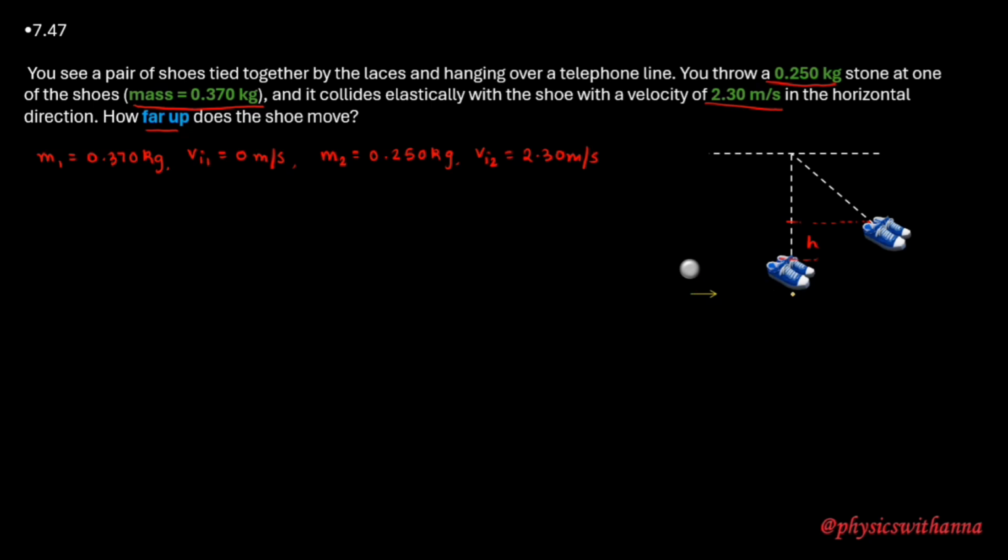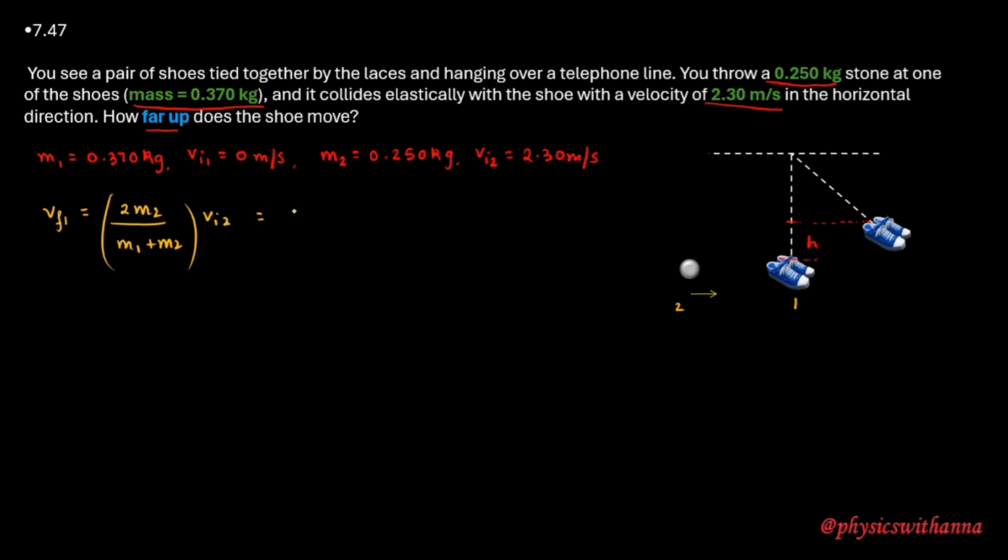The shoe is initially at rest, and this is object 1, whereas the stone is moving with a velocity v. So this is special case 2 of elastic collision where one object is at rest and the other object is moving. And we can find the final velocity of object 1 as v final 1 equals 2 times m2 over m1 plus m2 into v initial 2.